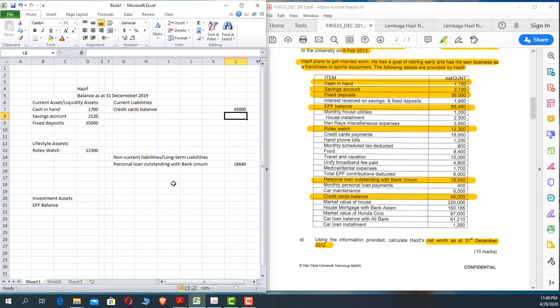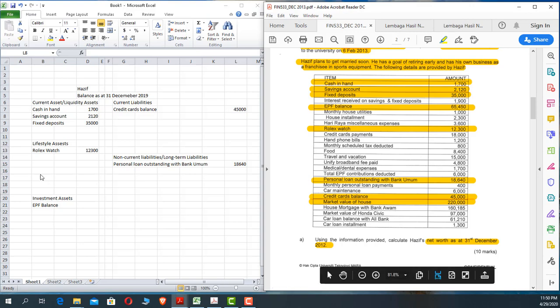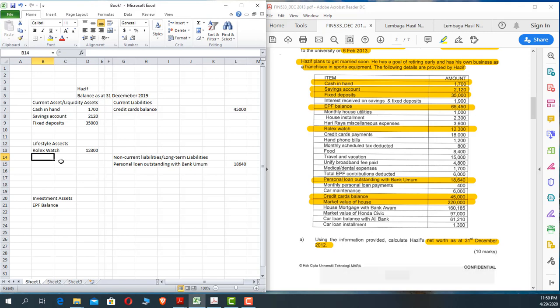Okay, next, market value of your house. Okay, this is your market value of your house, your asset. So masukkan dalam lifetime of house.